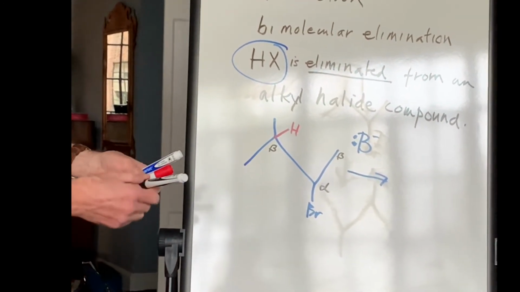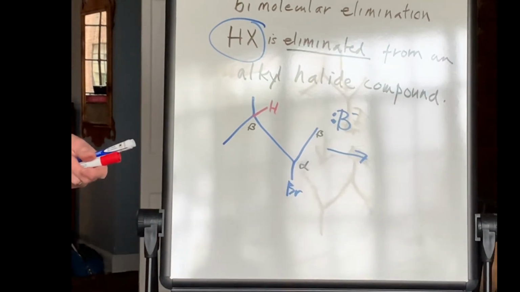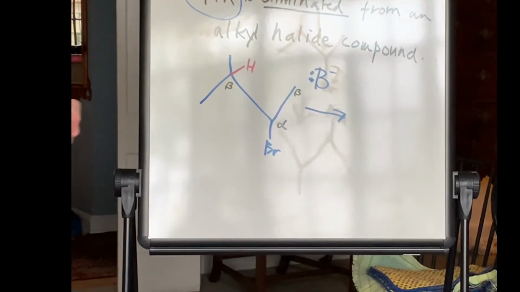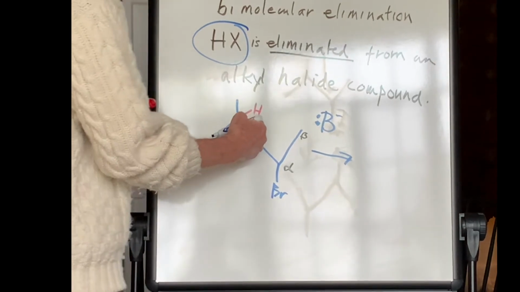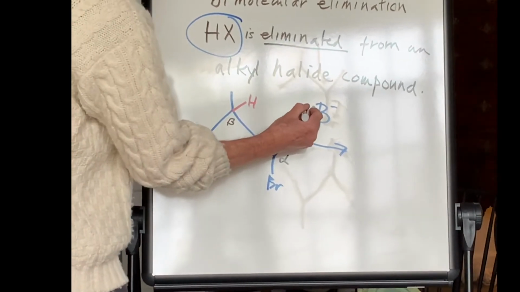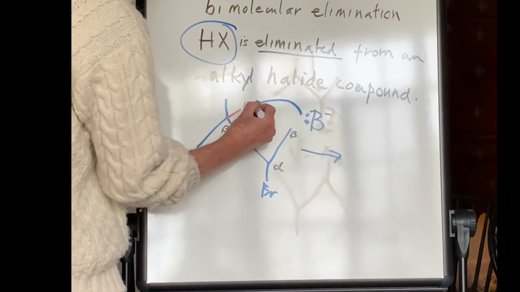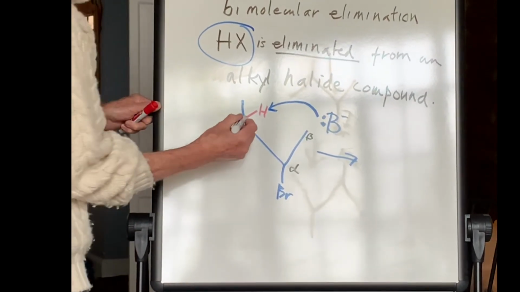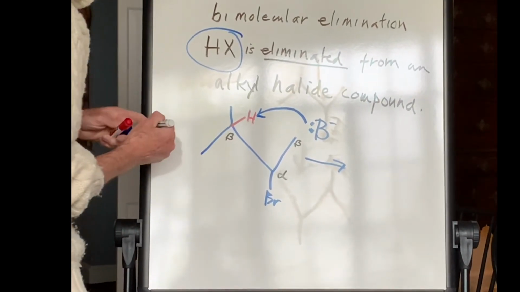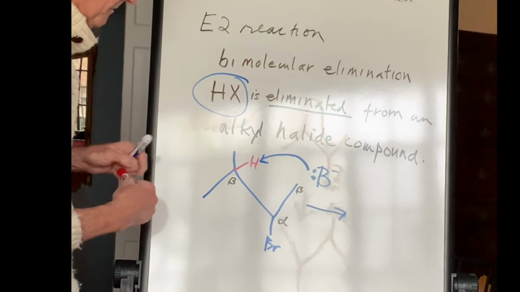Now, if the base comes along and says, I'm grabbing that proton from that beta carbon, we indicate that by that curved arrow. If there is a curved arrow, I'll use red because we have red for that.